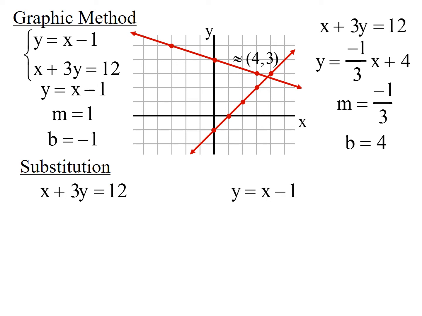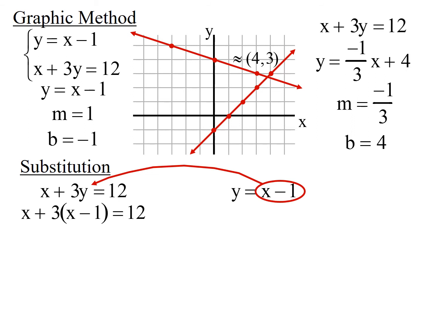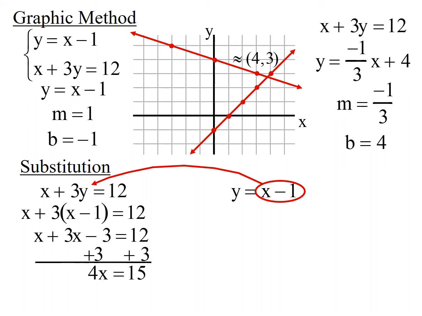So when you look at substitution, we can substitute one of them into the other. Okay, we can do our simplifying of the left-hand side, combine your like terms, start solving, and now we get a more precise answer.